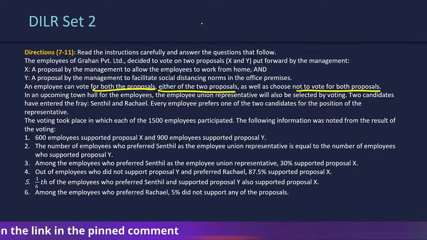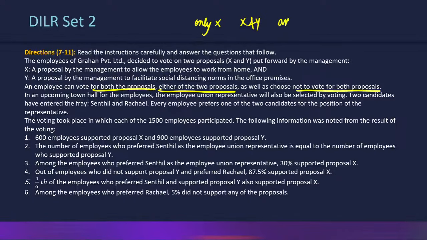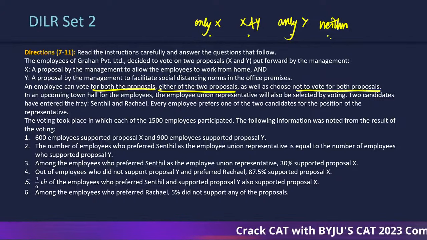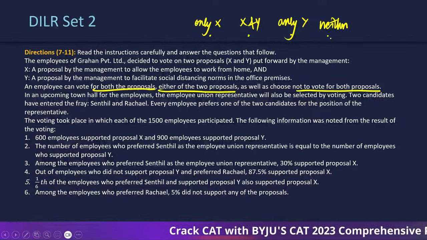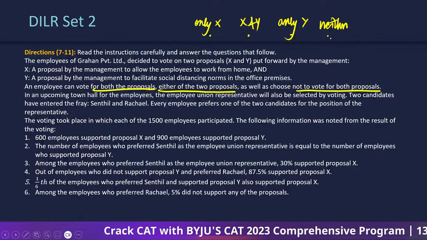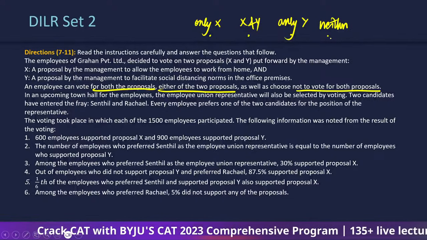So any person can vote for only X, or for both X and Y, or only Y, or neither. So these are the 4 possibilities on voting for proposal. So obviously, if anyone votes for only X, they cannot vote for any other combination.